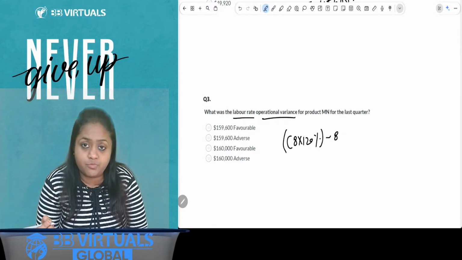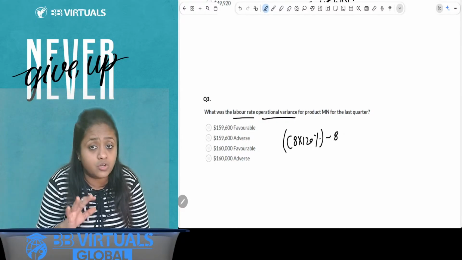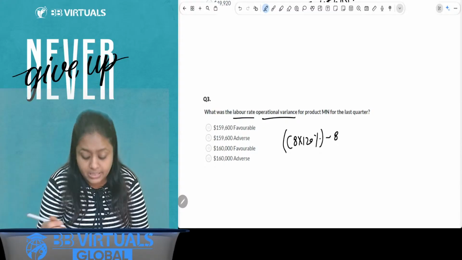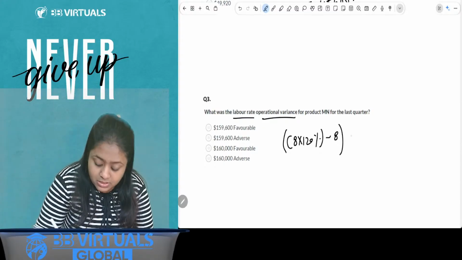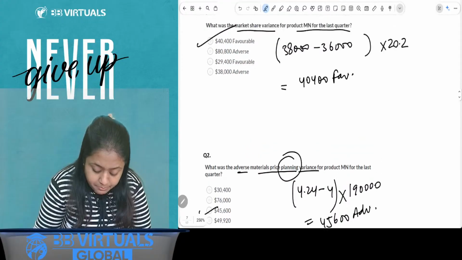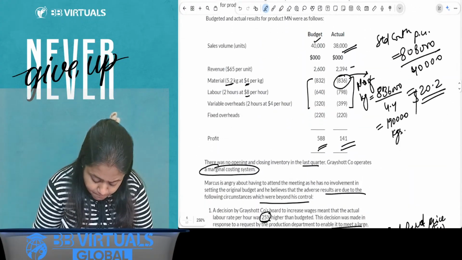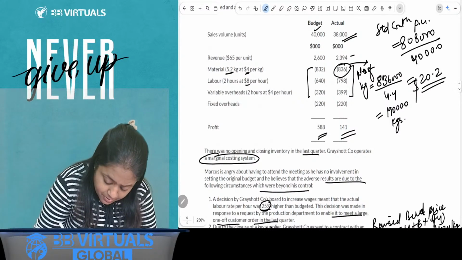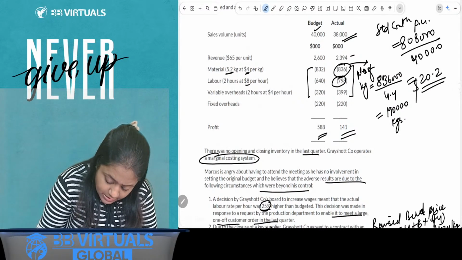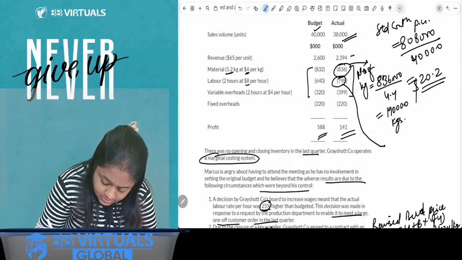That means it is an adverse variance, since it will cost more for the entity for the labor cost. Once you reduce it, now multiply it with the actual number of hours. So again we can work out the actual number of hours.